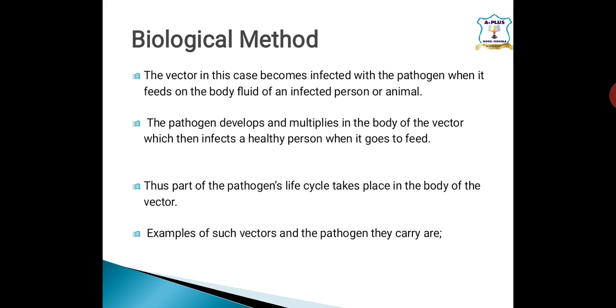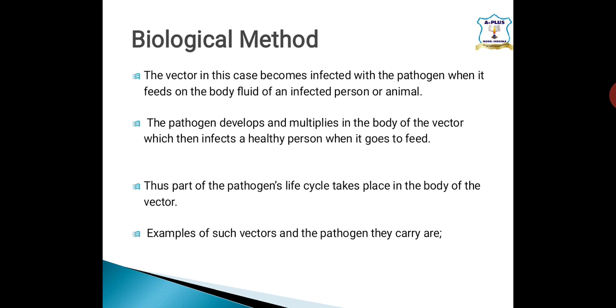Now let's check the biological method. The vector becomes infected with the pathogen when it feeds on the body fluid of an infected person or animal. That means when this vector feeds on the body fluid of an infected person, it transfers it to another person when it bites or stings.